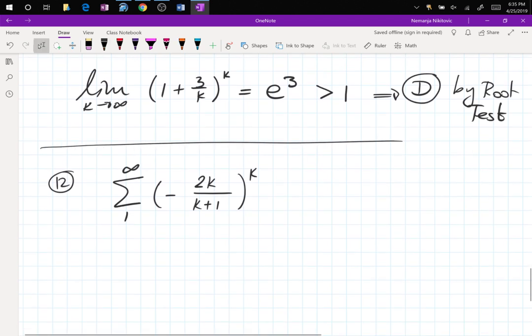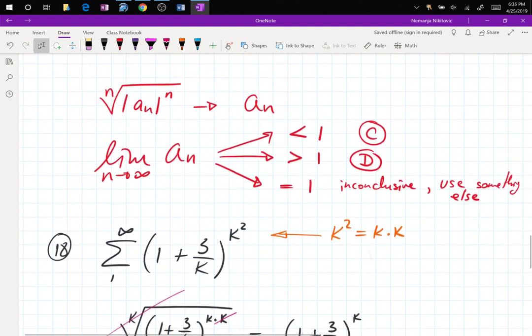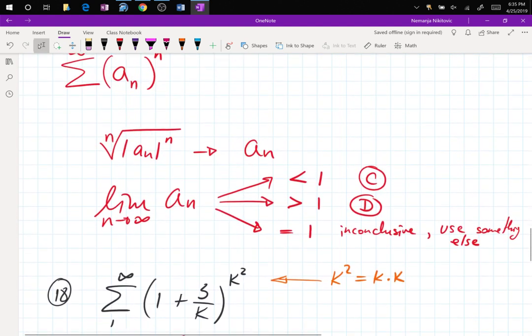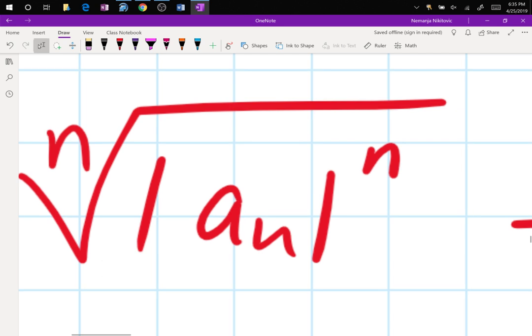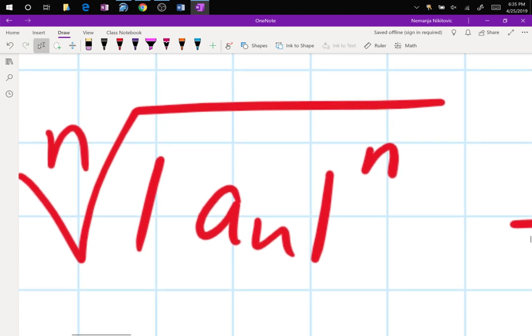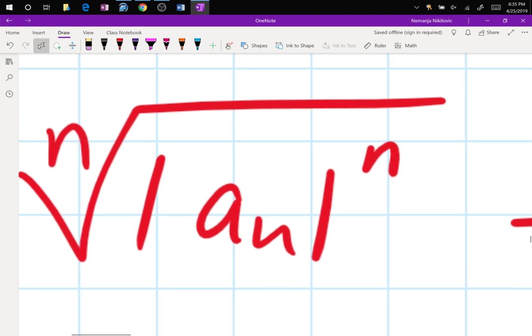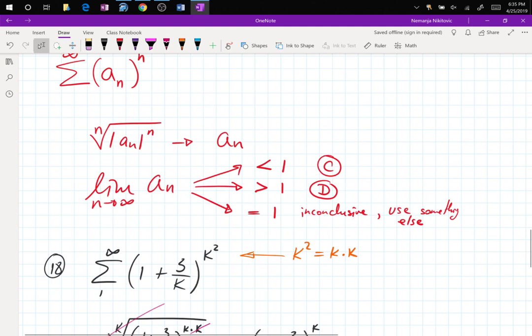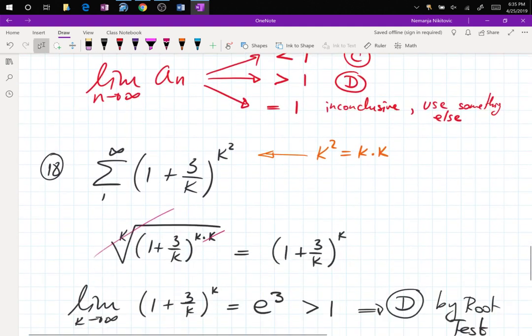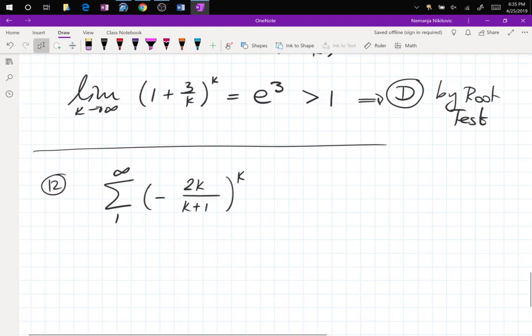Now, I hope you remember those absolute values. You see the absolute values here? Right there. So the absolute value is not there for decoration. That absolute value is going to kill this negative sign.